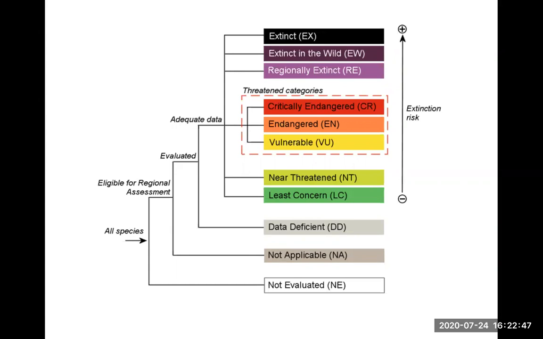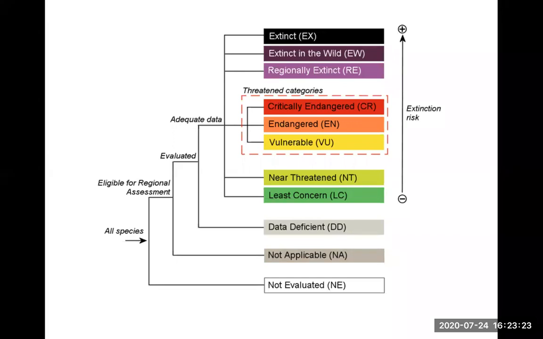Then at the very bottom there, we have data deficient and not evaluated. In seagrass, we have several species where we have the species name, but we didn't have a lot of data on the extent of their occurrence or how big the populations were. So along with the three threatened categories, we've added data deficient as a category we want to maintain and try to get more data on, so that we can move out of this data deficiency and get it into some kind of category.